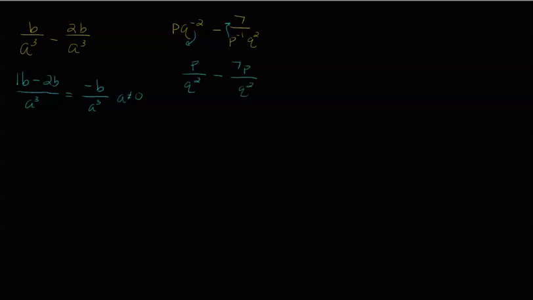So actually, it does have a common denominator. So we rewrite it as p minus 7p over q squared. Remember that there's an imaginary 1 right here. So 1 minus 7 is negative 6p over q squared. And q cannot equal 0.